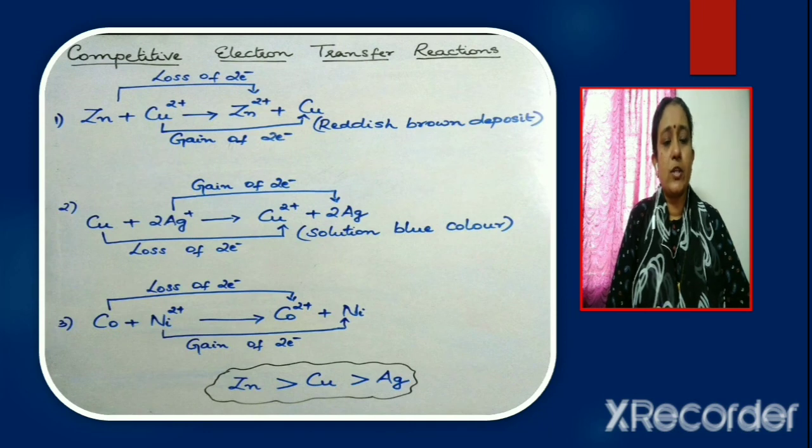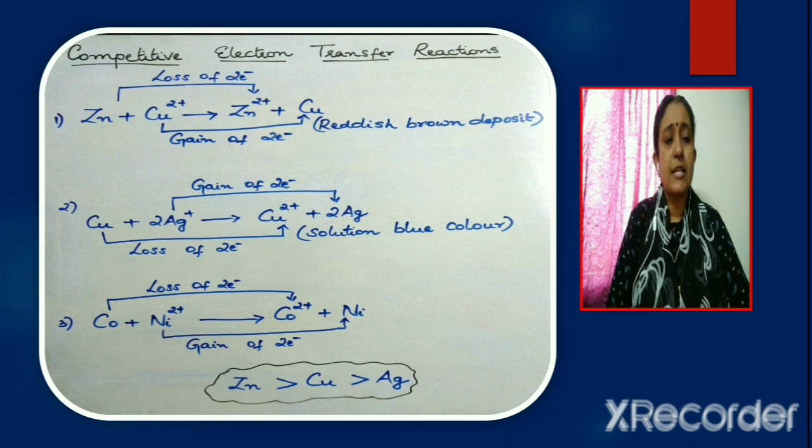Consider the next equation. Co plus Ni2+ gives Co2+ plus nickel. Here cobalt loses 2 electrons and gets oxidized to Co2+, whereas Ni2+ gains 2 electrons and gets reduced to nickel. So here again there is both oxidation and reduction taking place simultaneously.